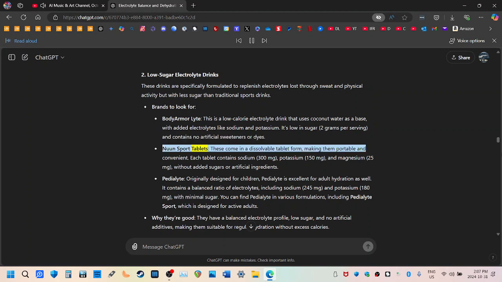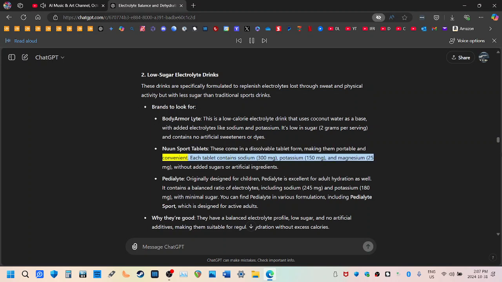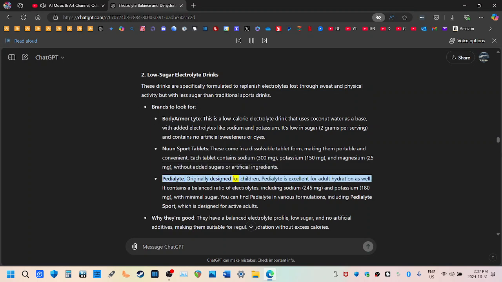Nuun tablets. These come in a dissolvable tablet form, making them portable and convenient. Each tablet contains sodium, 300 milligrams, potassium, 150 milligrams, and magnesium, 25 milligrams, without added sugars or artificial ingredients. Pedialyte. Originally designed for children, Pedialyte is excellent for adult hydration as well.